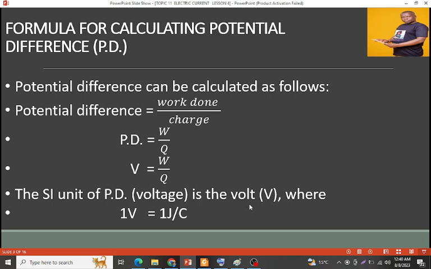By the way, the unit volt is named after a scientist who lived many years ago, a physicist, whose name was Alessandro Volta.